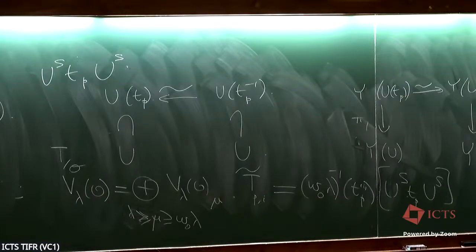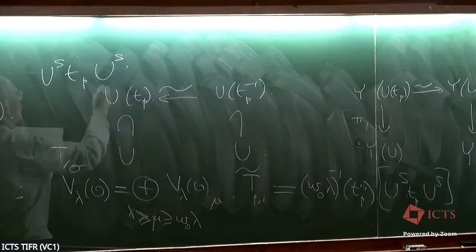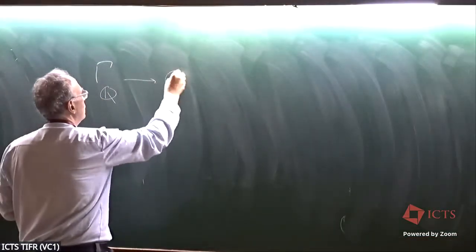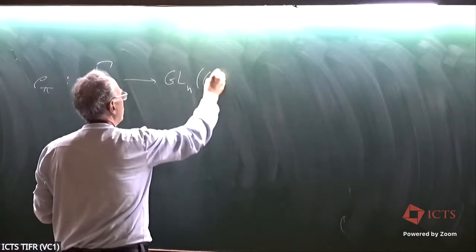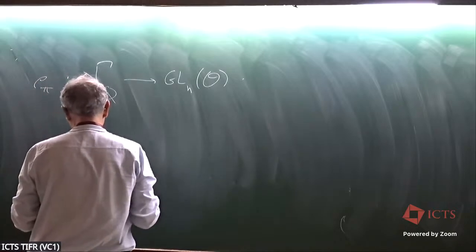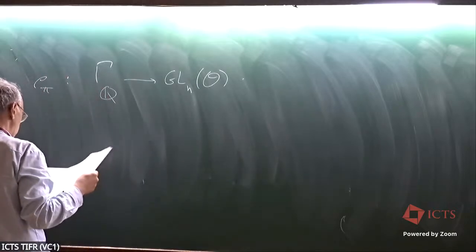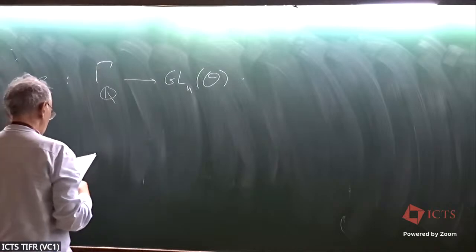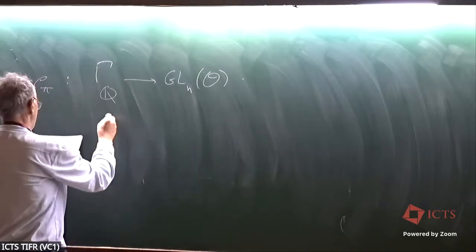Okay, so anyway, we modify the action at P. Then we know that there is a Galois representation associated to pi, even without doing this. Just recall that because we will need it. So from Galois Q to GLN of O, which has some specific property.